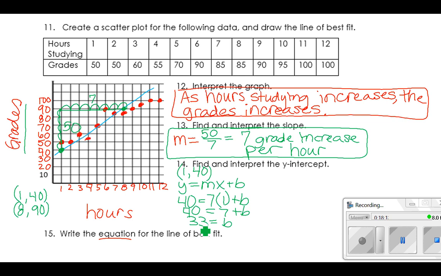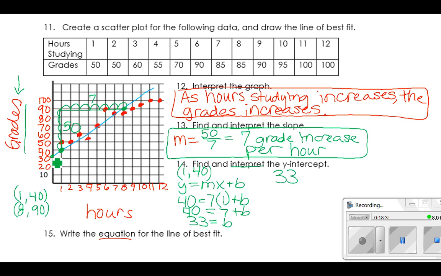So 33 is the b, but it also says to interpret. Since the b is the y-intercept, we're looking at the grades. And the y-intercept is where it would cross at 0. And if you look, it's a really good estimation for the graph, for the line I drew, because that's where it's crossing.